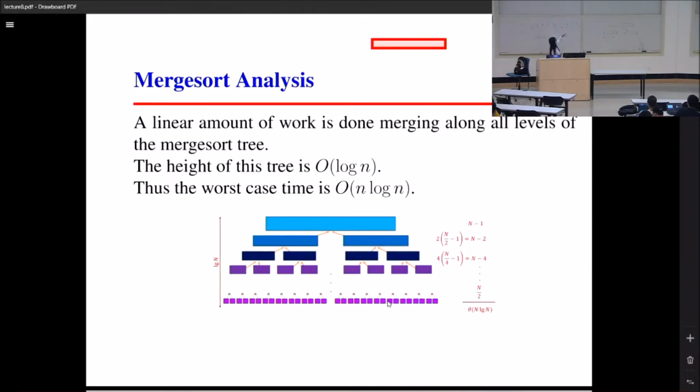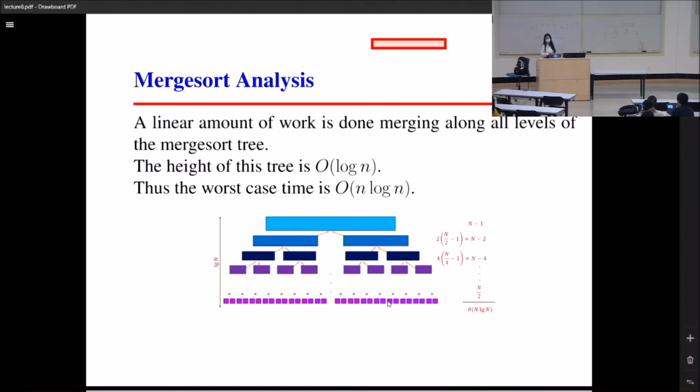And then on the third level, we will have the super dark blue level with 4 sub-problems in total. So what will be the height of the tree? If we partition each problem into 2 sub-problems only, the height of the tree will be, yes? Great. Yes, it is log n.